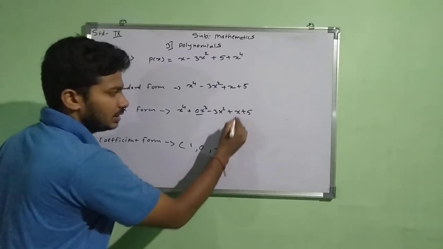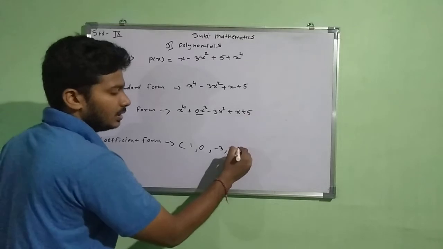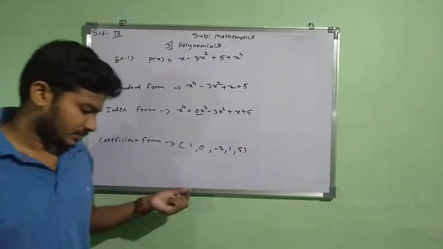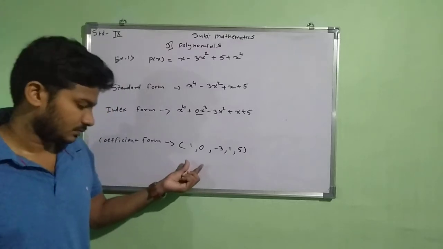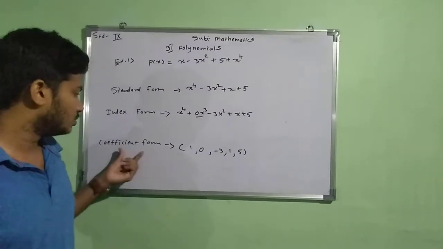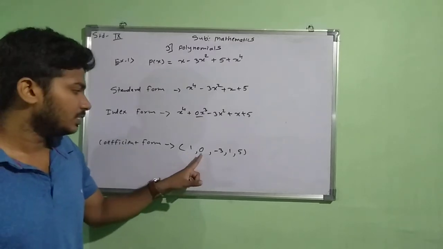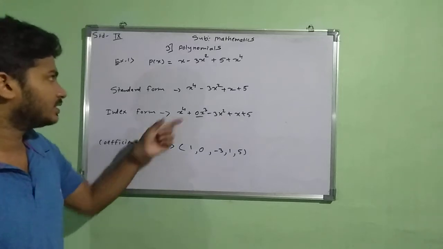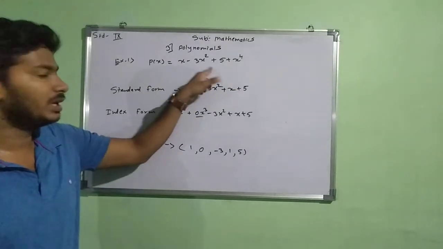With the x nothing is there, so that means there is 1, and at last the constant term which is 5. So the coefficient form will be 1, 0, minus 3, 1 and 5. That will be the coefficient form of that polynomial P(x).